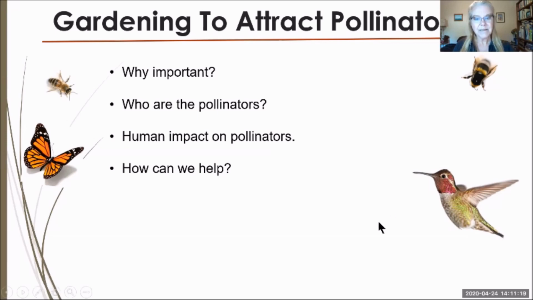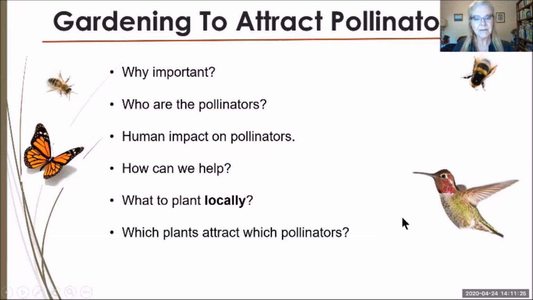Then we want to discuss how we can help, and then what to plant locally, which plants attract which pollinators, just in case you want a certain specific type of pollinator. And then we'll offer some resources to help plan your garden. There's tons of resources out there, a lot of them for native California plants, but sometimes it's hard to siphon out the local plants that do the best.